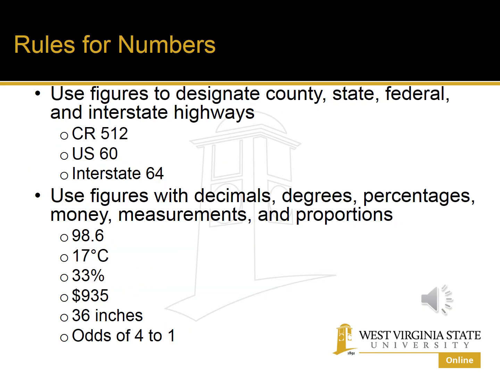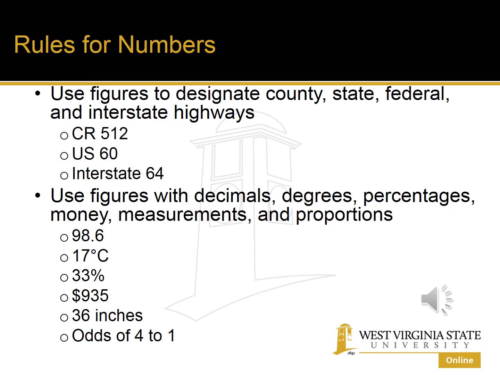Another rule for numbers is that we use figures to designate county, state, federal, and interstate highways. For example, County Road 512, US 60, Interstate 64.